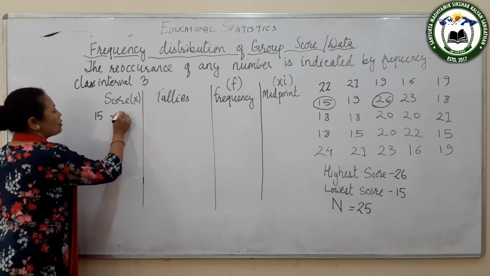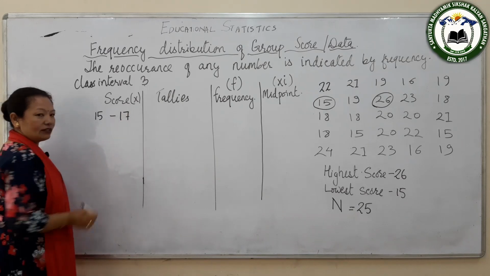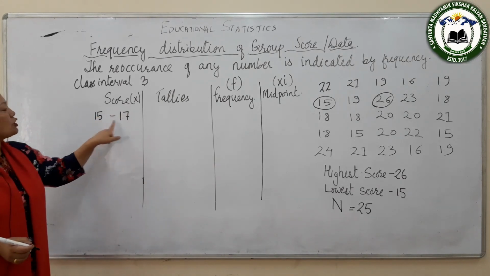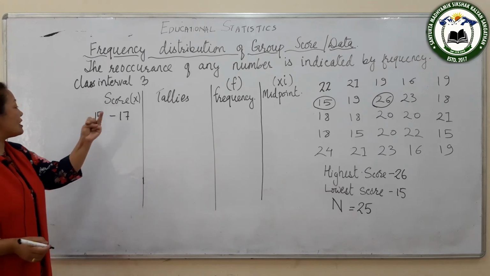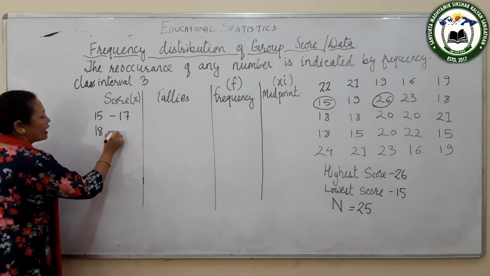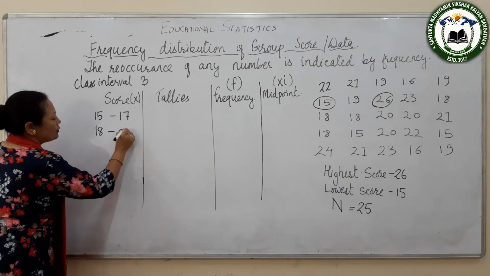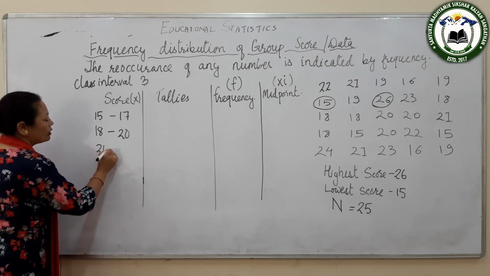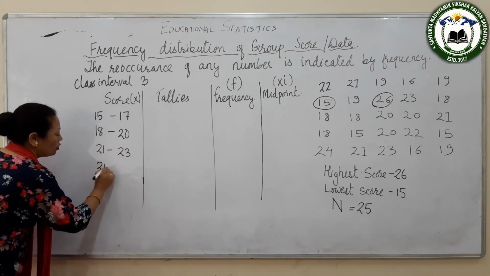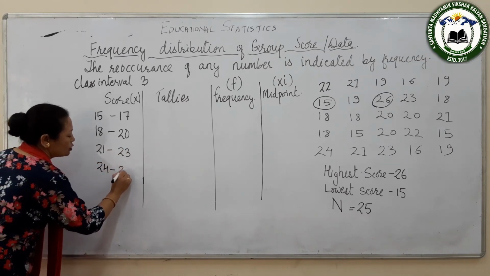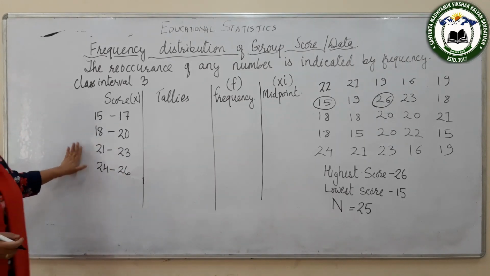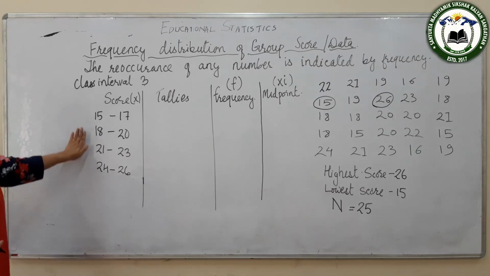So the gap from 15 to 17 is 3, that means 15, 16 and 17. Next is 18, 19 and 20, 21, 22, 23, 24, 25 and 26. This is the way you arrange the score in a group series.